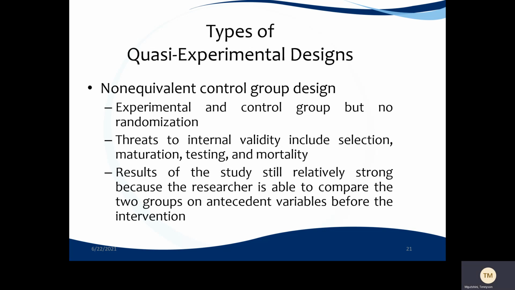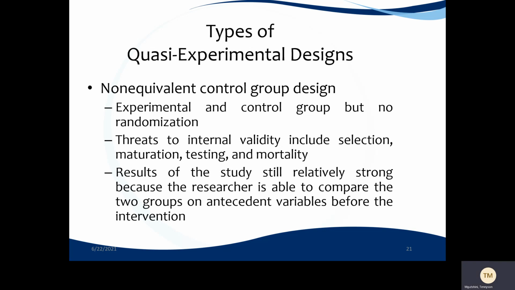Now, what I have got here is I've included some examples of types of quasi-experimental designs, and the one in particular that should be noted is this non-equivalent control group design.